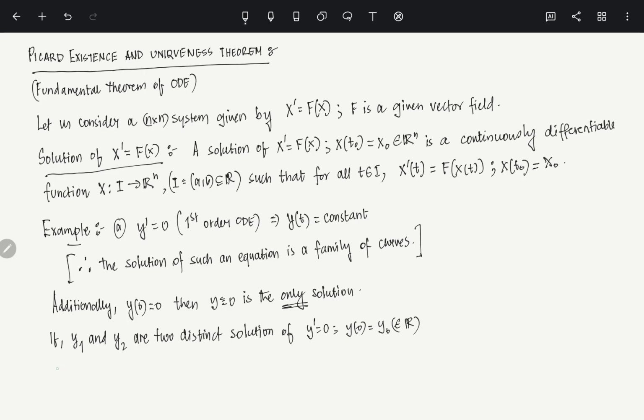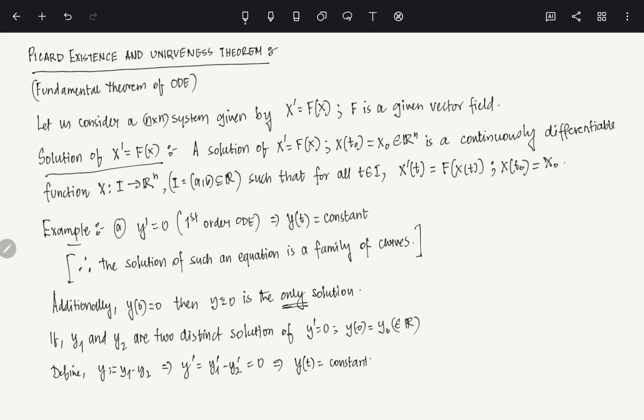If there are two distinct solutions, then define, it is very trivial, y to be y1 minus y2. That will imply y prime is y1 prime minus y2 prime, which is again 0. Clear? And that will imply that y of t is constant.